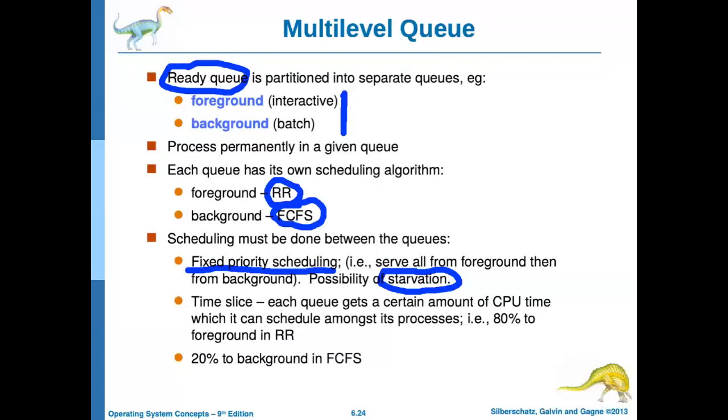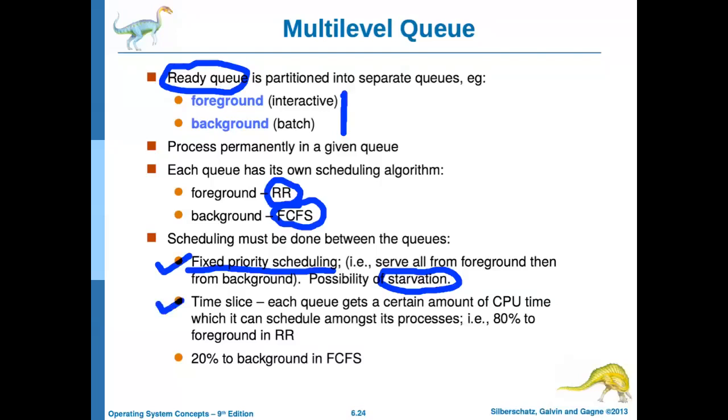Now this is not fixed priority, right? We are changing the priority of the process at runtime. Whereas the solution mentioned here is about fixed priority. For example, if there are two queues, foreground and background, first we provide service to all foreground and then background. So this is one of the solutions. Second thing is time slice.